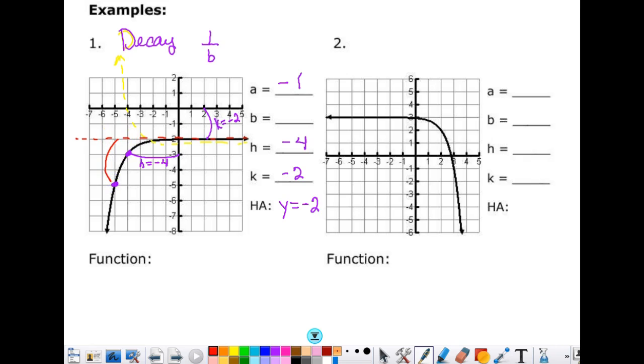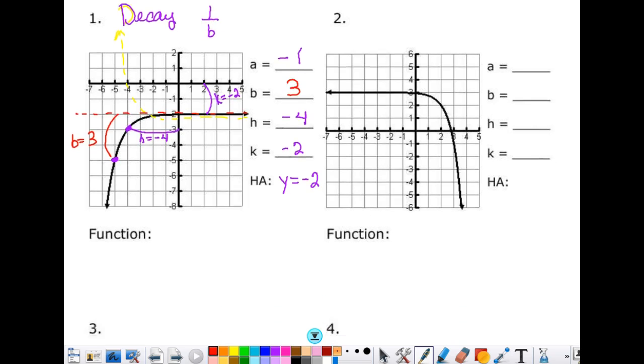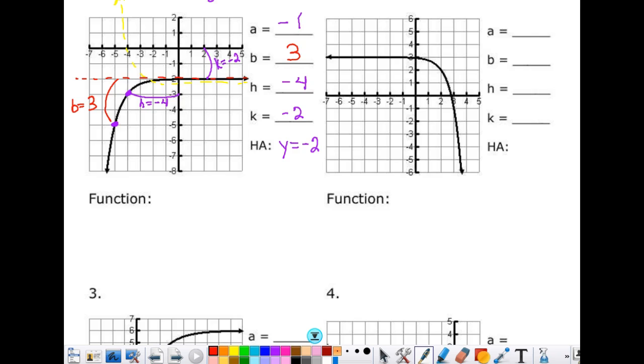B is from the asymptote to the second point. So what is B? It's 3. 1, 2, 3. I heard some people say that. Good job. Now we can write our function, and we have to be careful because it's decay. We have to do 1 over B. So let me just write it right here: 1 over B, x minus h plus k.